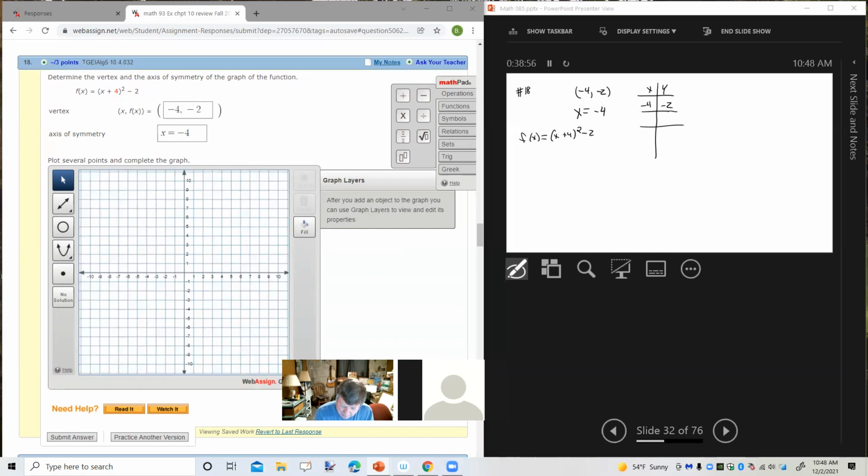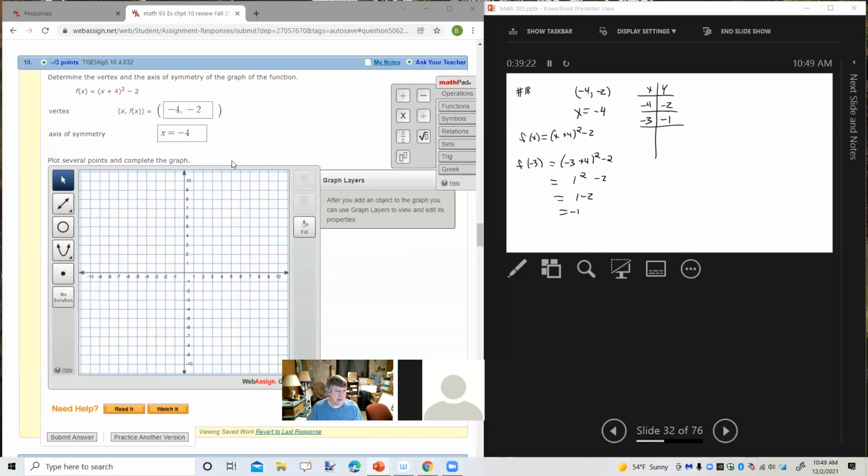How about we pick an integer value right next to the vertex? How about -3? So f of -3 would be -3 plus 4 the quantity squared minus 2, which is 1 squared minus 2, which is 1 minus 2, which is -1. Okay, so I've got the vertex and one additional point that is on the graph of the function.